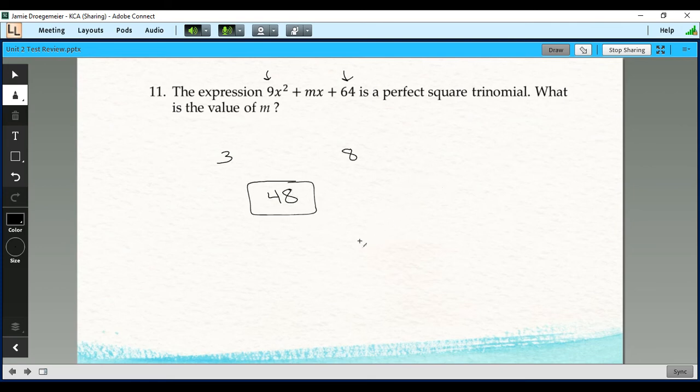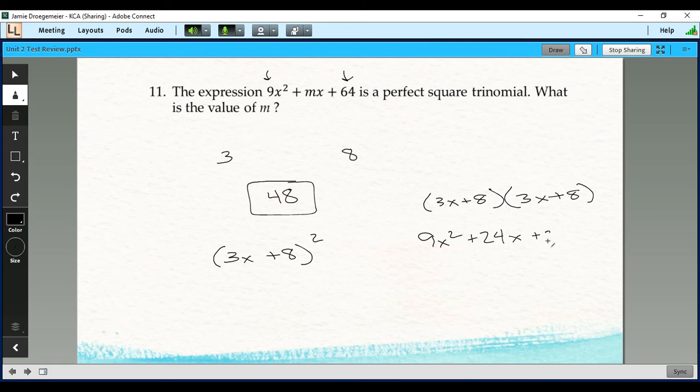Let's do it this way. If this is going to be a perfect square trinomial, I'm saying it's going to be 3x plus 8 squared. So when I multiply those out, 3x plus 8 times 3x plus 8, 3x times 3x is 9x squared. 3x times 8 is 24x. 8 times 3x is 24x.